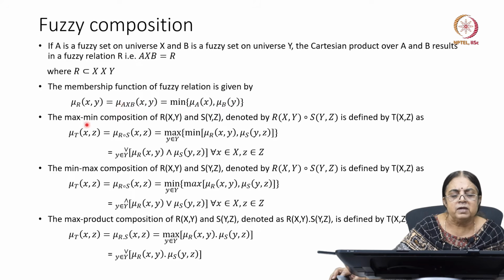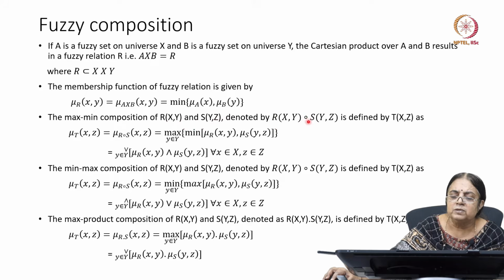You can have other types, for example max min composition. Max min composition is if you take two relationships Rxy and Syz, so you are taking xy and yz, and you denote it by Rxy composition Syz. That will be the min of all these values for different values of y and then the max of that.